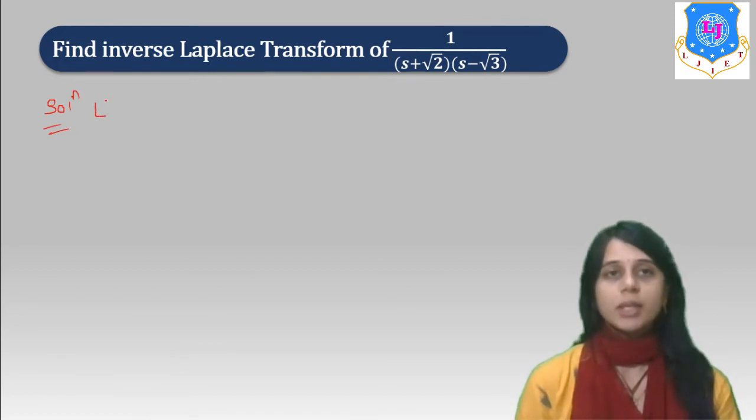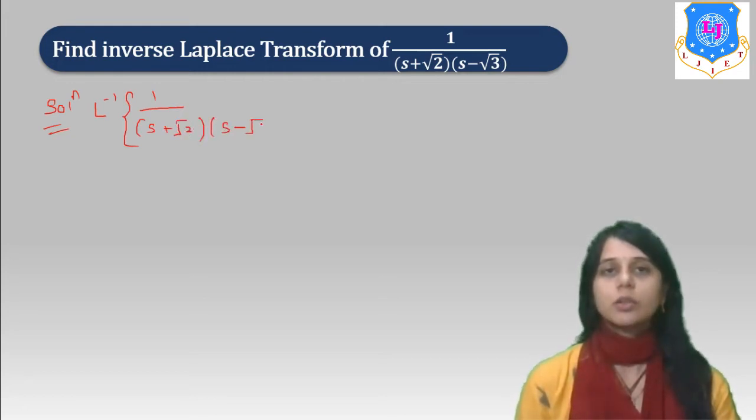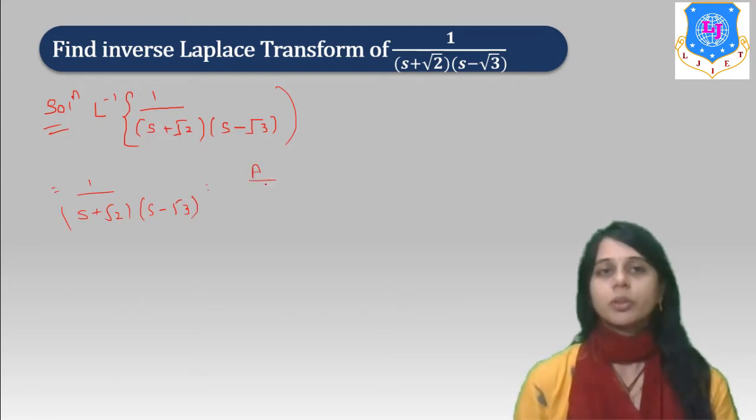First of all, Laplace inverse of 1 upon (s plus under root 2)(s minus under root 3). We take 1 upon (s plus under root 2)(s minus under root 3) equal to A upon s plus under root 2 plus B upon s minus under root 3.